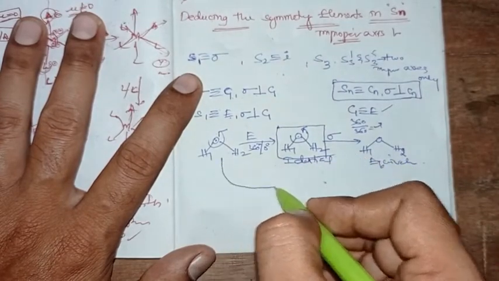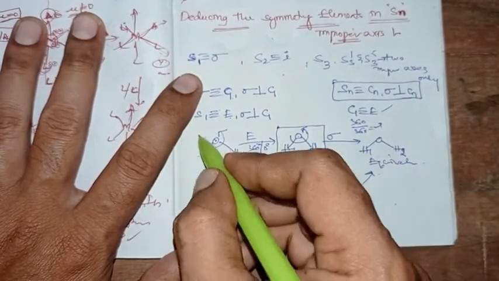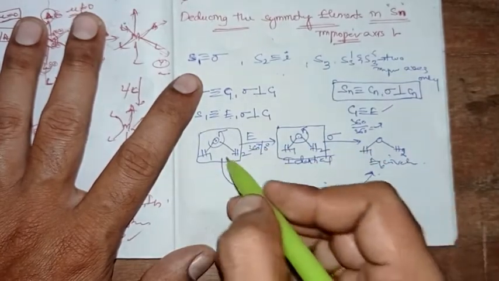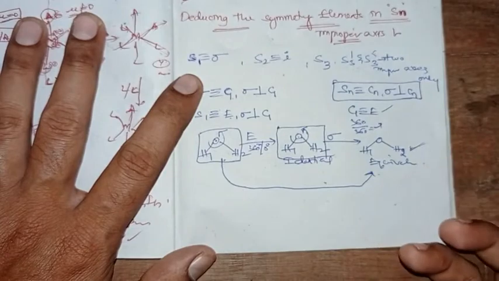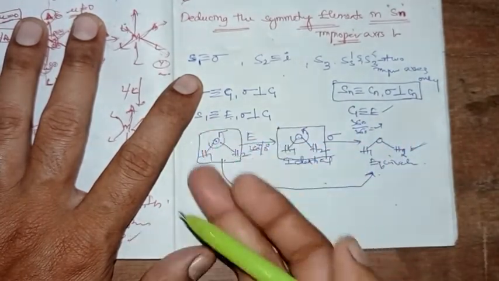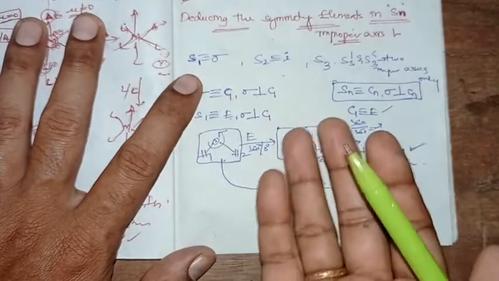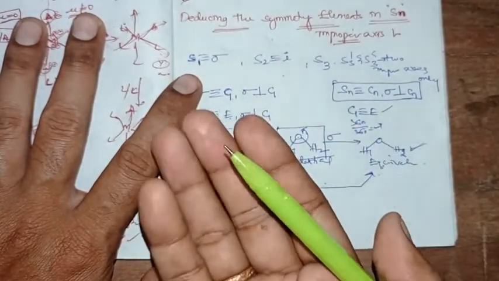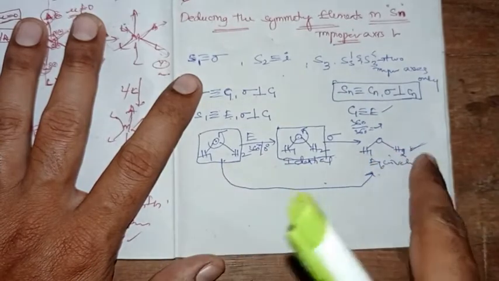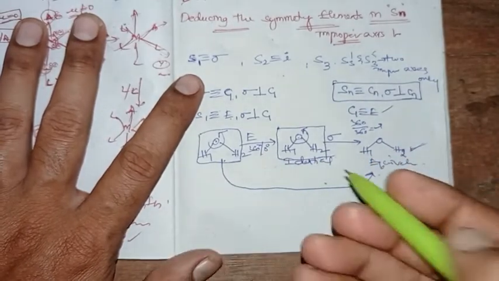Directly, when we do the same reflection on the original configuration, what happens? Still we have the same equivalent configuration, right? The atoms are still the same, and the upward face becomes the backward face and the backward face becomes upward.